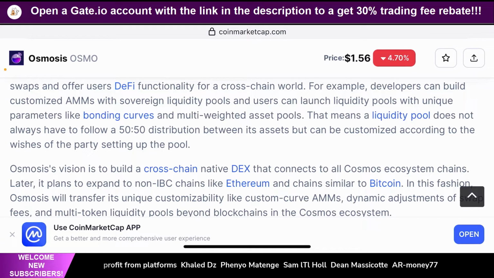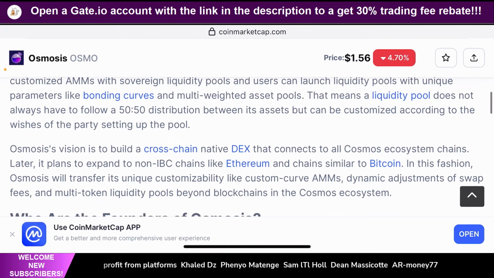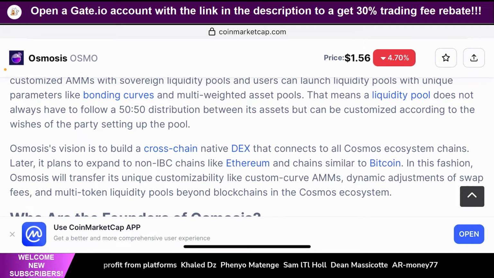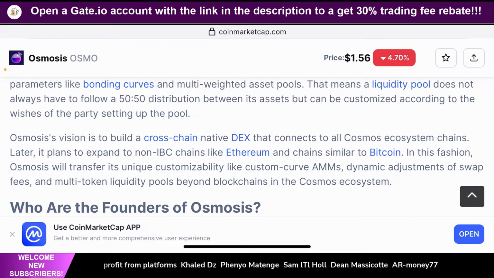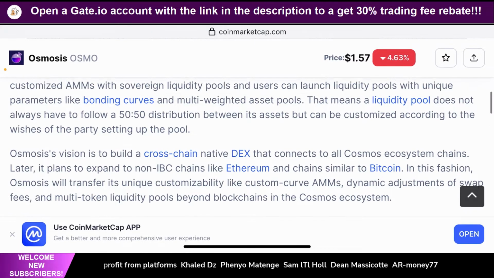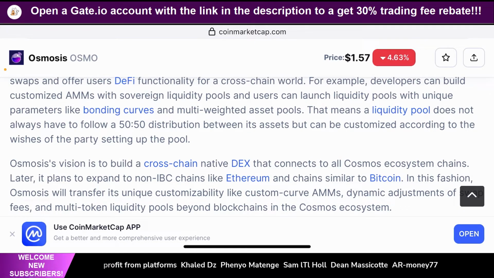In this fashion, Osmosis will transfer its unique customizability, like custom curve AMMs, dynamic adjustments of swap fees, and multi-token liquidity pools, beyond blockchains in the Cosmos ecosystem. So why do they plan to go beyond the Cosmos ecosystem?